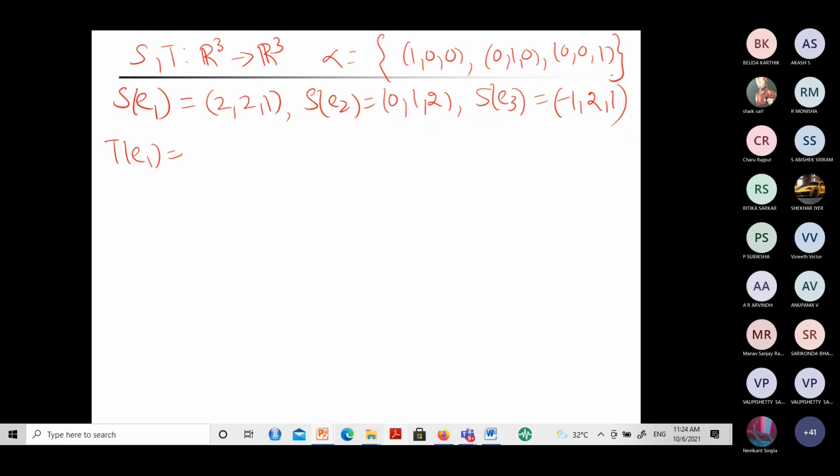T of E1 is 1, 0, 1. T of E2 is 0, 1, 1. T of E3 is 1, 1, 2.